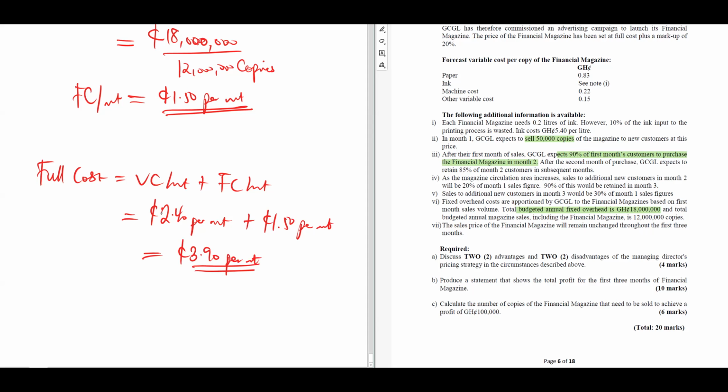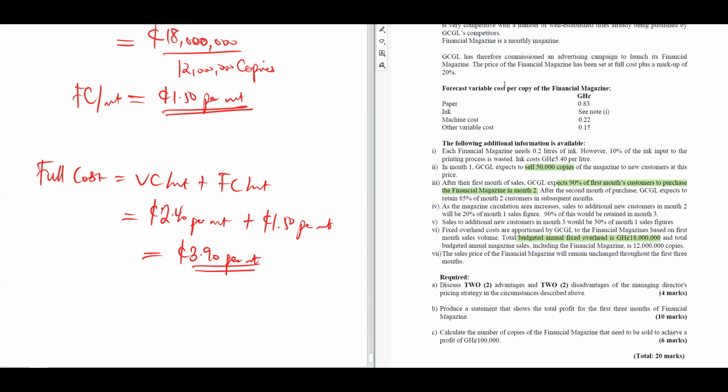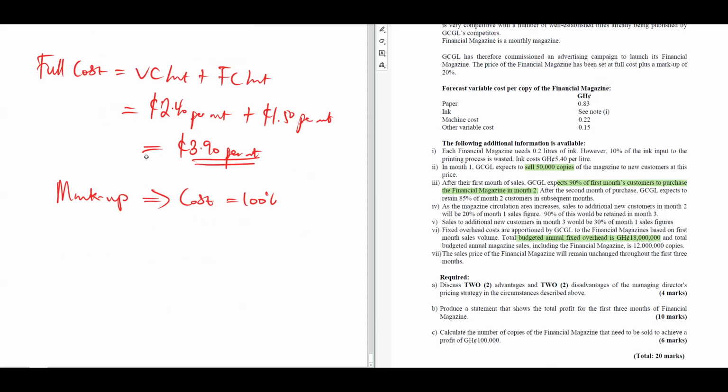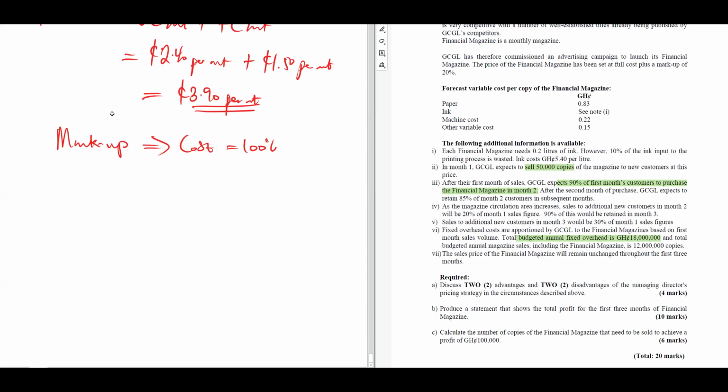And it says the company does what? Markup of 20%. Full cost plus markup. So we said anytime we hear markup, it means that cost is equivalent to 100%, not so. But here we want selling price. So cost plus profit equals selling price, right? If cost is 100, markup is 20, meaning selling price must be equivalent to 120%.